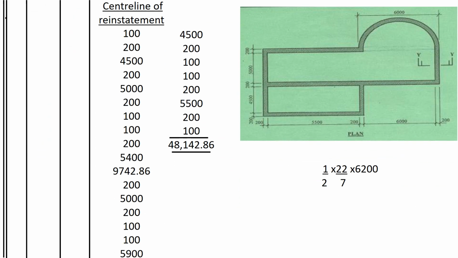Center line of reinstatement shall be that area outside the walls whereby we had excavated the vegetable soil, and it's on the projection parts. Remember, projection is that part that has the foundation concrete below. So that projection, which was 200, will go all round.